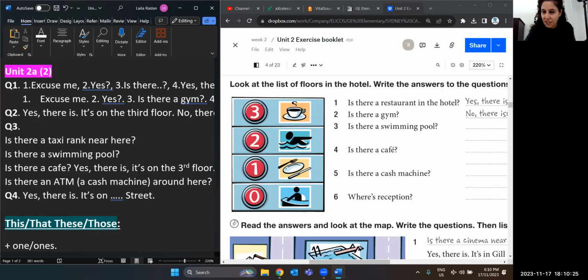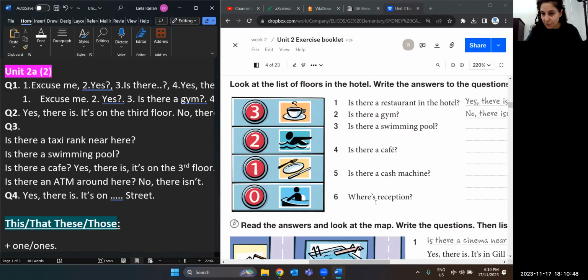Is there a cash machine or is there an ATM? No, there isn't. Remember, always after yes or no in writing, we put a comma. No, comma, there isn't.